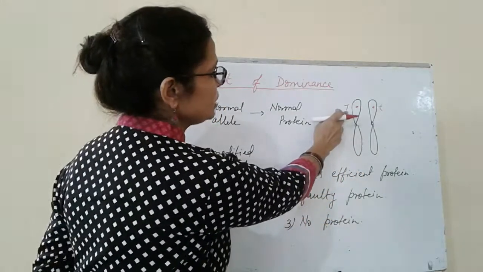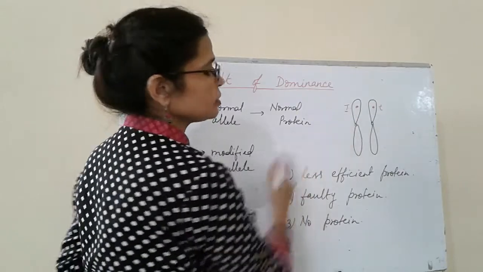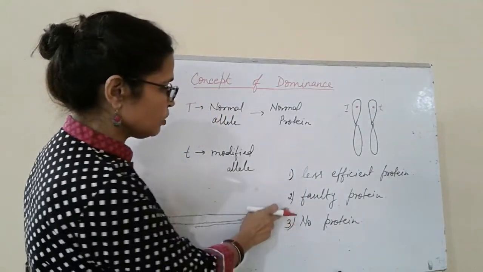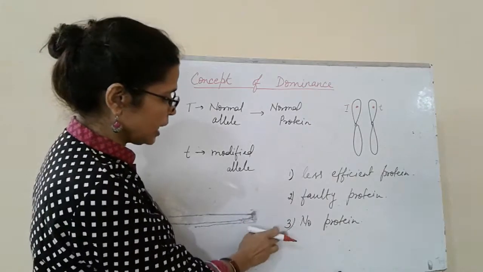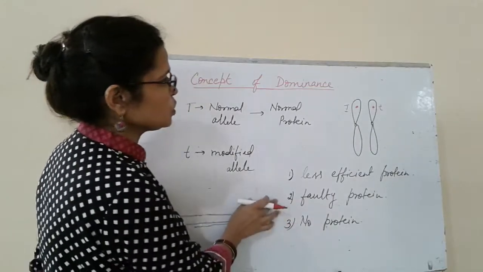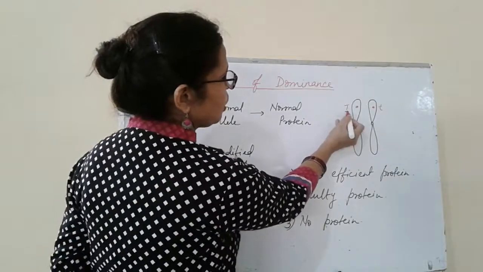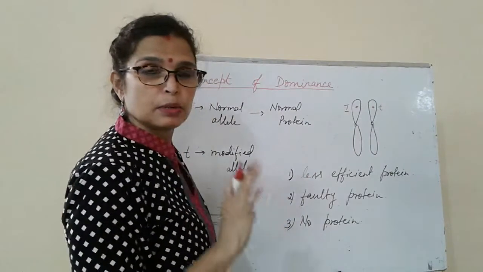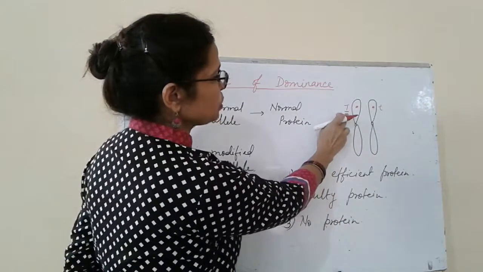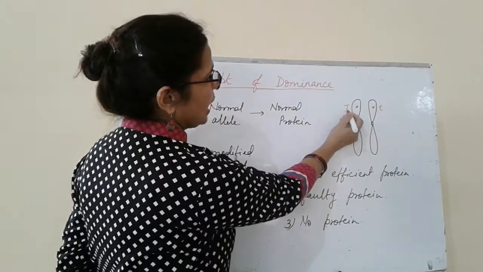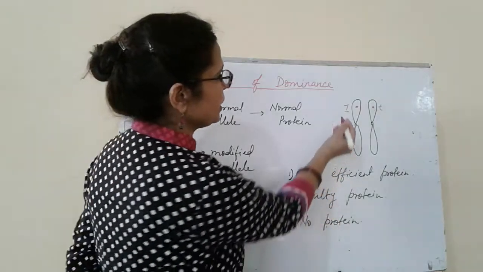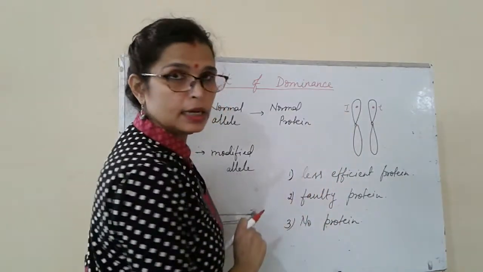The phenotype is governed by this normal allele. In the second case, where the faulty protein is produced, and in the third case, where no protein is produced, in both cases also this capital T, the normal allele, produces the protein in its normal amount. Not much protein is produced in these two cases. And here also the phenotype is totally dependent on this normal allele.